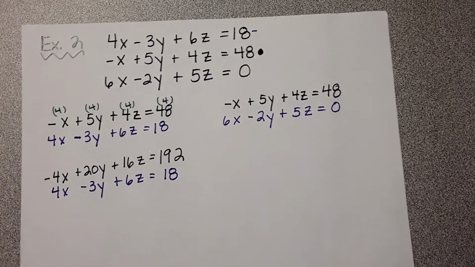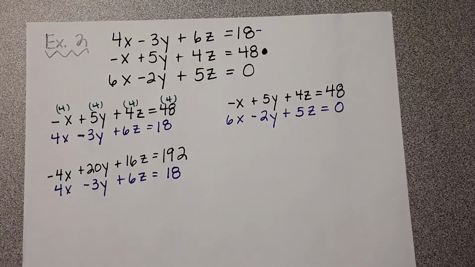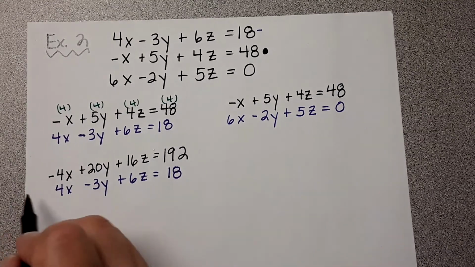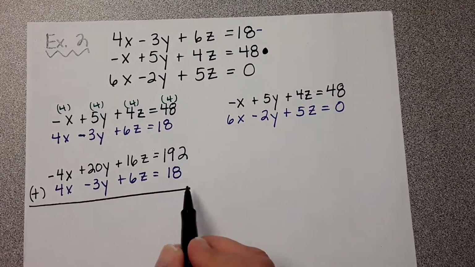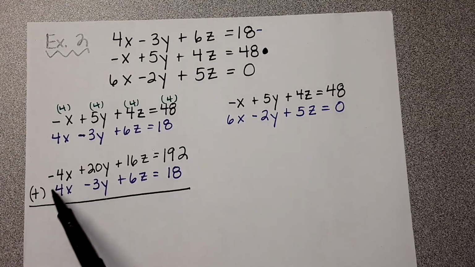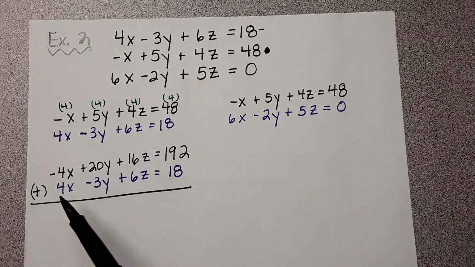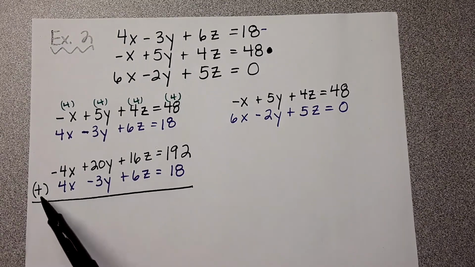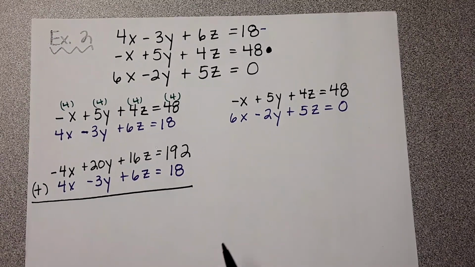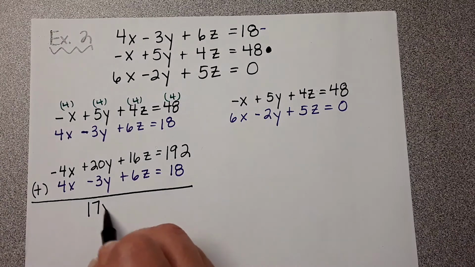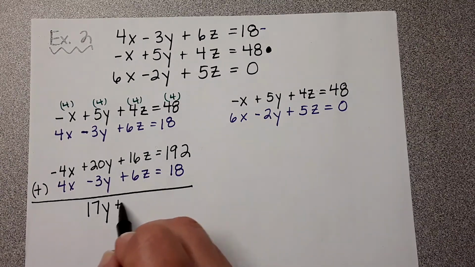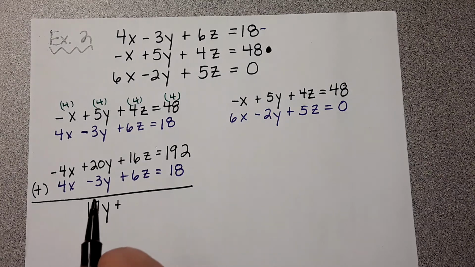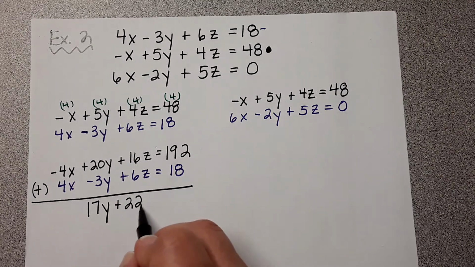Now, would we add the 2 equations or subtract the 2? Add them because they're opposite signs. -4x plus 4x is 0. 20 plus -3y is 17y. 16 plus 6, what is it? 22z.